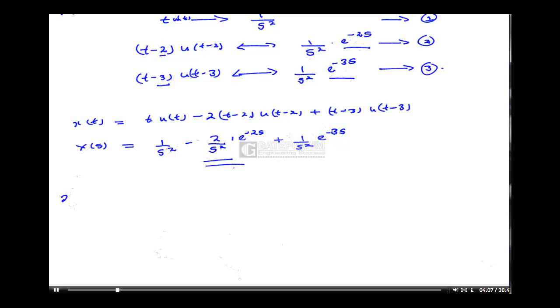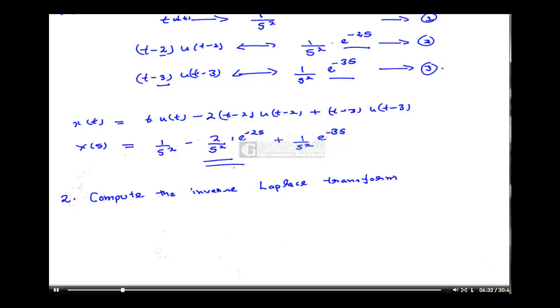In the second problem, the earlier problem was finding the Laplace transform. This problem is finding the inverse Laplace transform. Compute the inverse Laplace transform.